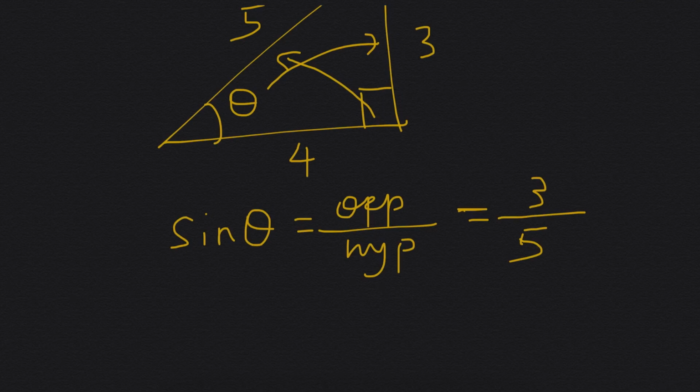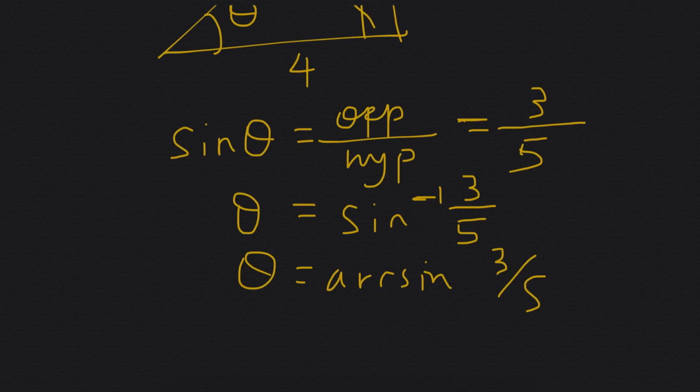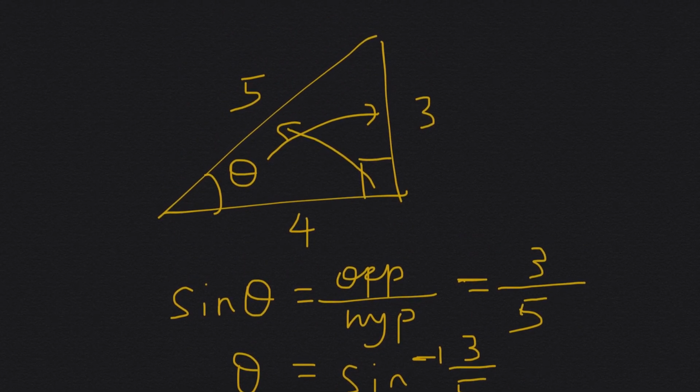And so to solve for theta, you would do theta is equal to sine inverse of 3 over 5. And if you're getting worried, just use your calculator. If you have a scientific calculator, you can easily do sine inverse. Some calculators call this arc sine, okay, of 3 over 5. It's the same thing. Sine inverse and arc sine mean the same thing.